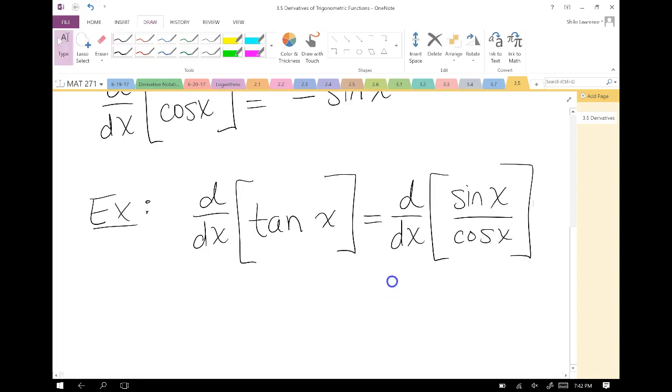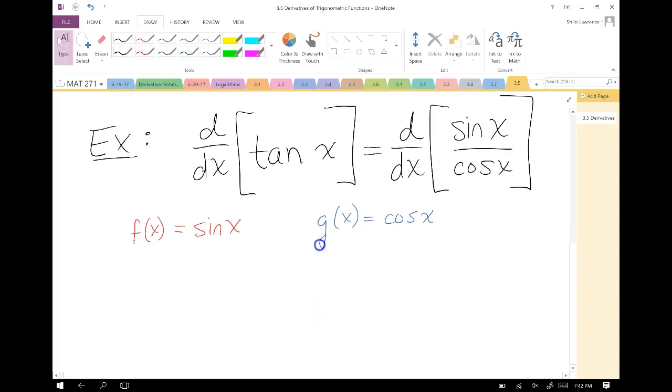So our quotient rule says, I'm going to let the top be f, and I'm going to let the bottom be g, and we need each of the derivatives. So f prime is cosine, g prime is negative sine, and remember we crisscross these.